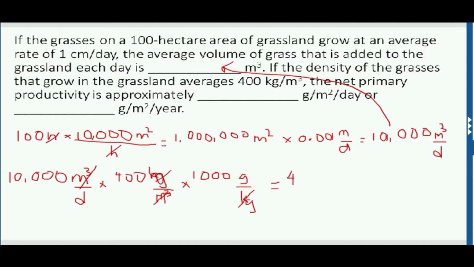I'm going to write this in scientific notation, so I'm going to write all those zeros, times 8 to the 9 grams per day. And then we need to multiply that by our 1,000,000.